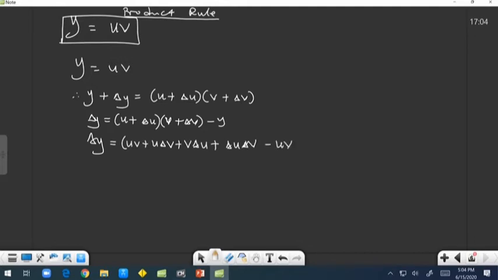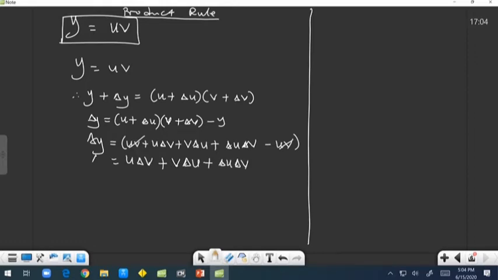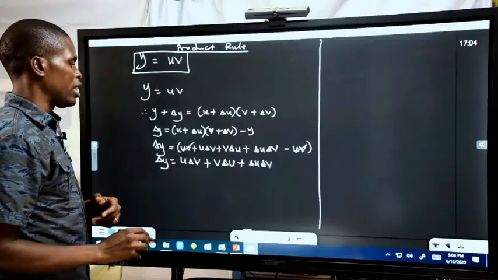And we know that uv is appearing here, so we cancel out uv. So we have u delta v plus v delta u plus delta u delta v is equal to, in the left-hand side, delta y.